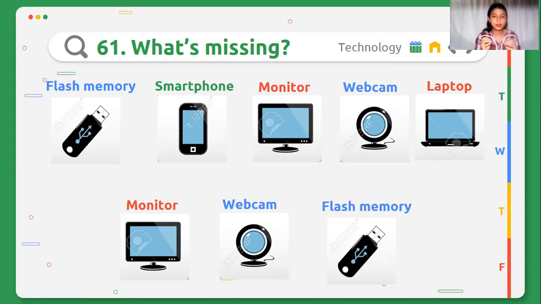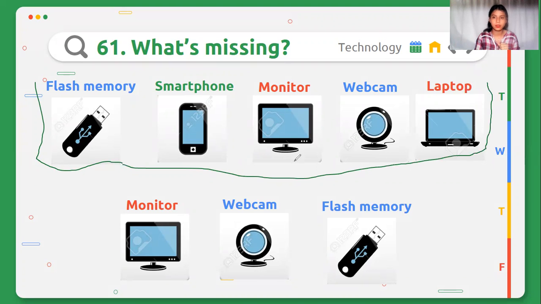Here, the teacher has to show first only this part. So the students have to see this carefully.